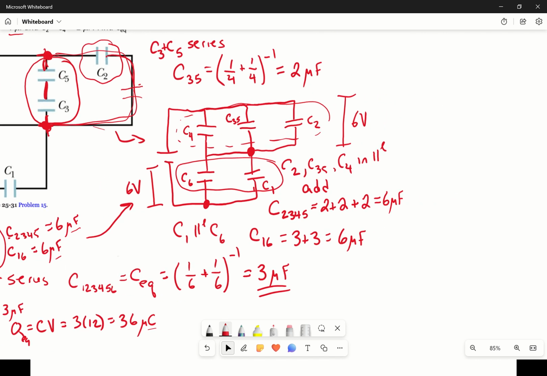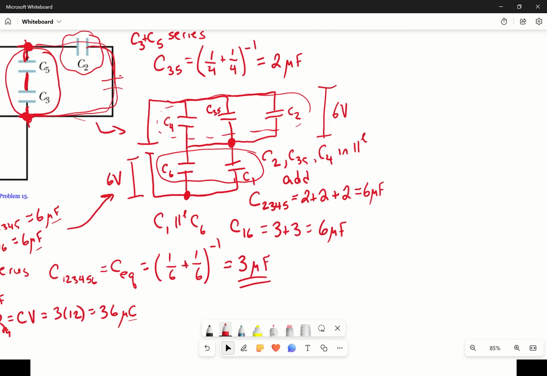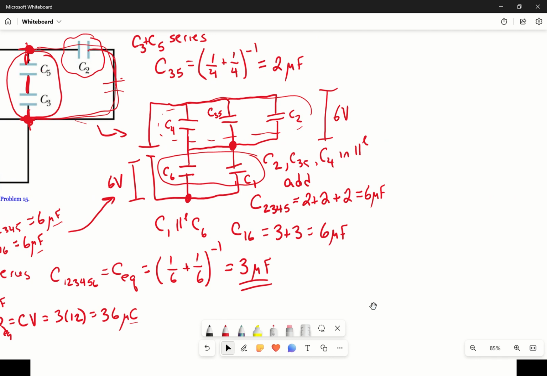Let me just move this over a little bit. So Q, the charge on 2 is just going to be C2 times V. So it's going to be C2 is, let's see, what was C2? 2 microfarads times 6 volts. That's going to give me 12 microcoulombs.